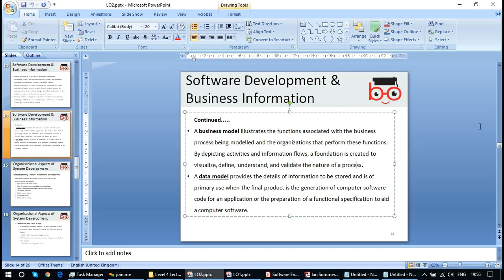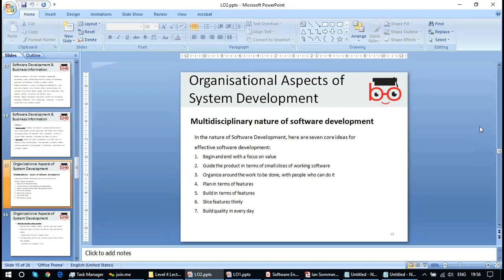The data model, for example, in business terminology, would be the software requirements in software terminology. Now, the organizational aspects of the system development.